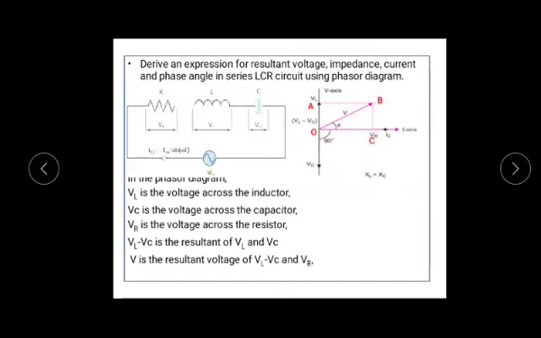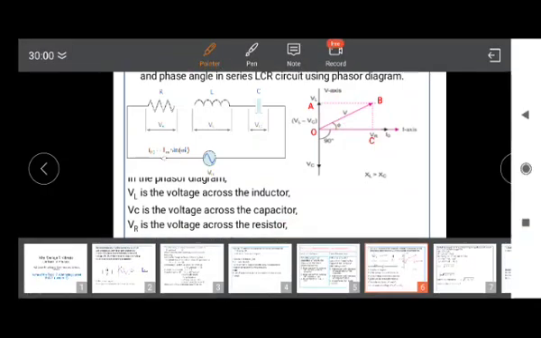This CB is nothing but OA in the diagram, that is VL minus VC. OC is VR, and OB is the resultant V.